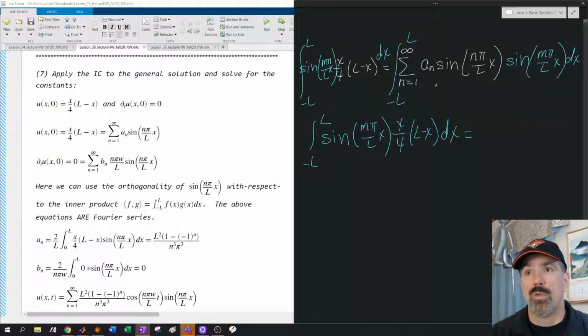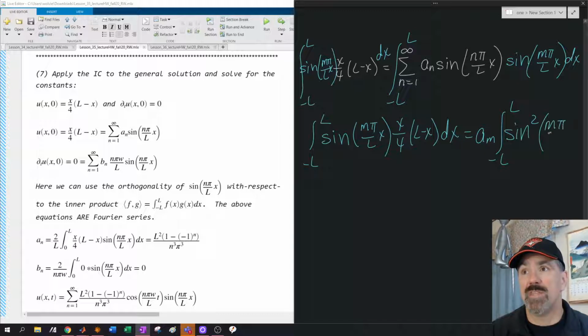And because of the orthogonality of the sine functions, the only term that's left over here is the a_m integral minus L to L. So as I sifted through all these n values, the only one that's non-zero is when I have m equal to n.